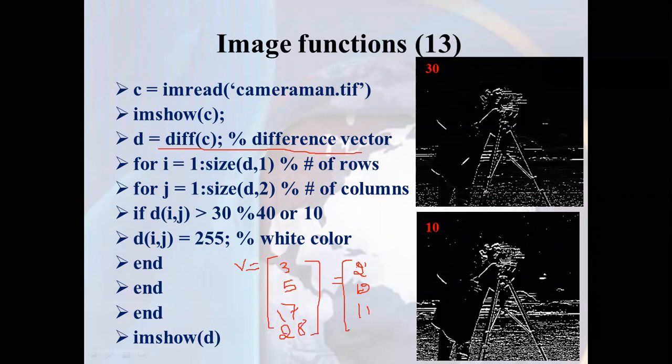Now, what is the objective of the difference vector? Why do we use a difference? If we have two dark colors, these have approximately the same value.